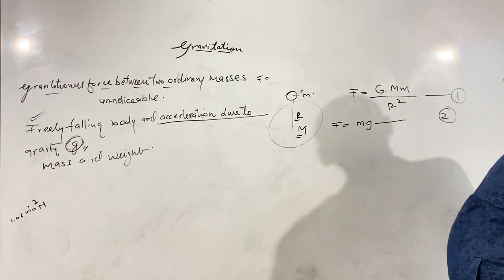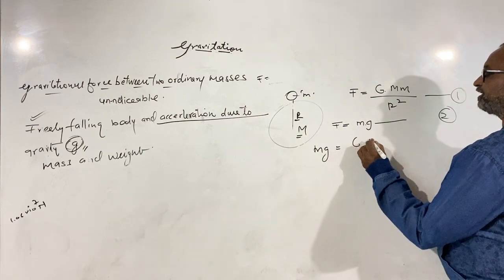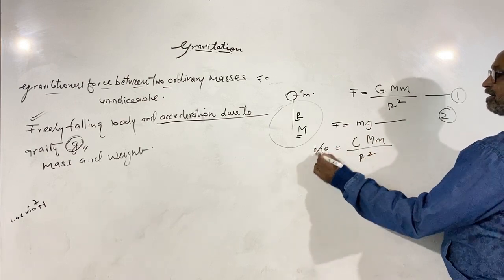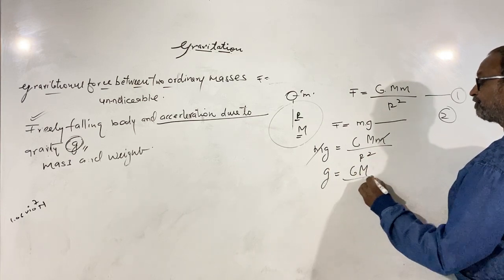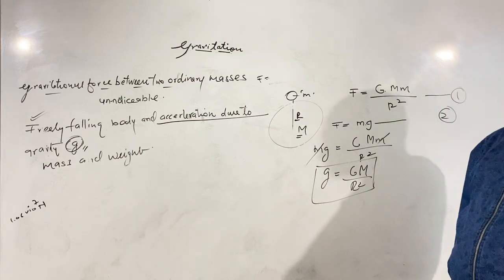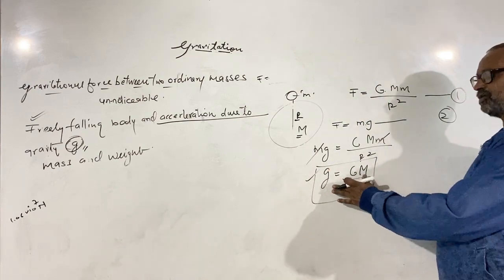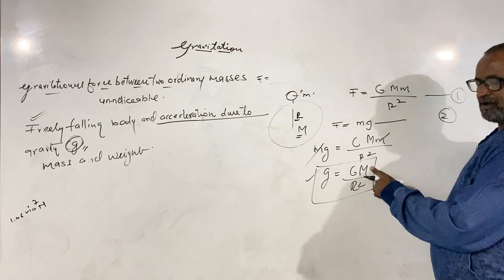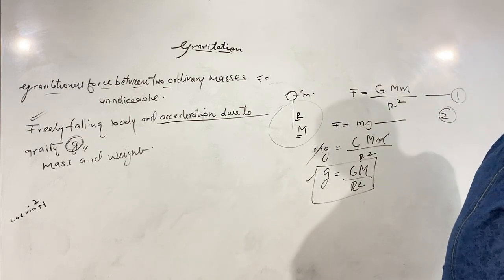Now comparing both equations, we have m g is equal to G M m over R square, or g is equal to G M over R square. So you can calculate the value of g on the surface of the earth using this relation, where uppercase M is the mass of the earth and R is the radius of the earth.